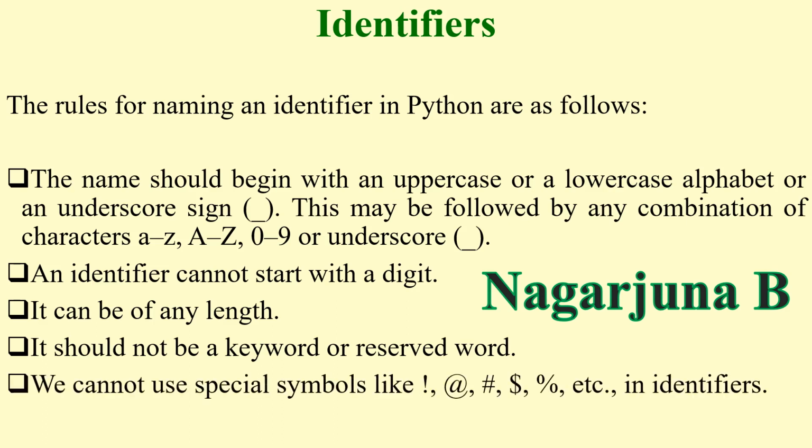It cannot use special symbols like negation, at, hash, dollar sign, percentage sign, etc. We can use only the underscore sign. Other than the underscore sign, you cannot use any special symbols.